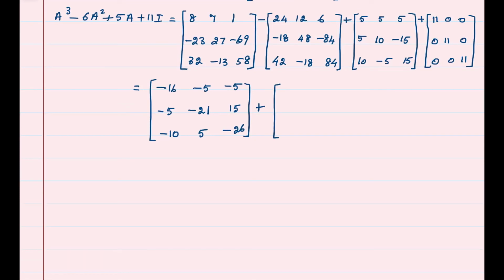We will add the last two matrices. Adding these two matrices, we get a zero matrix.